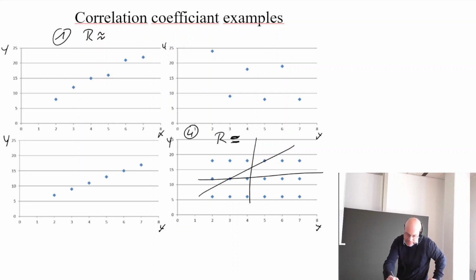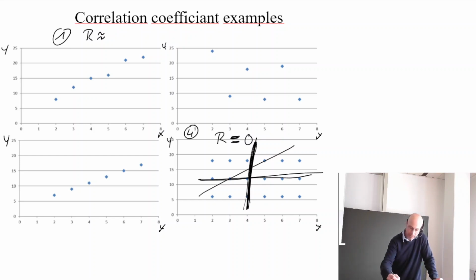Here we really can say that R is 0, since we have no idea how to fit our line because of the symmetric data points. This line here is as good as this line here.